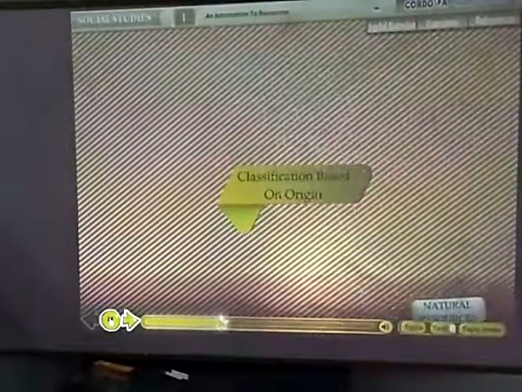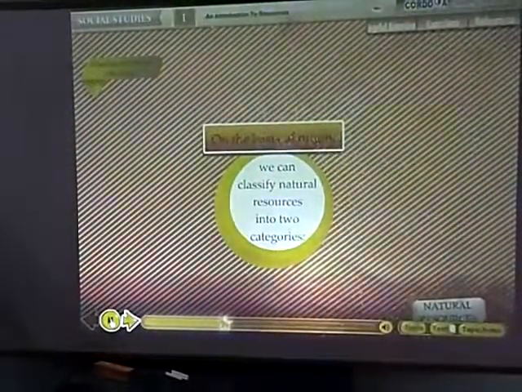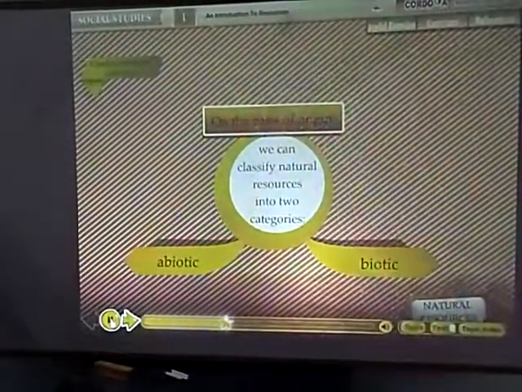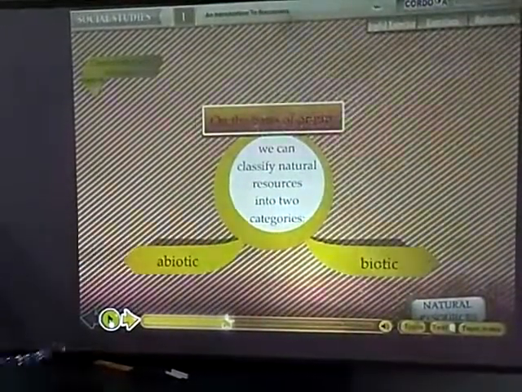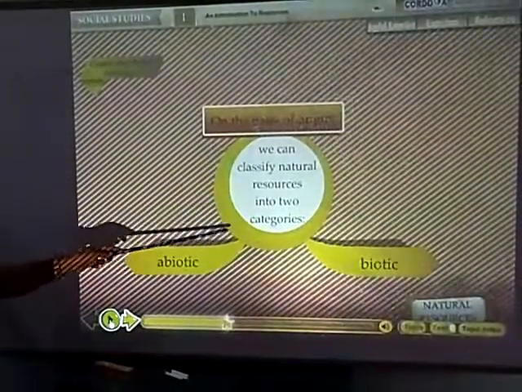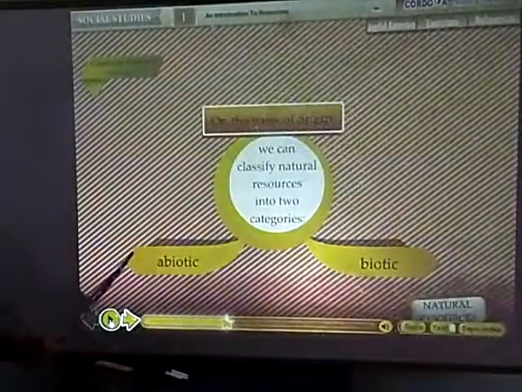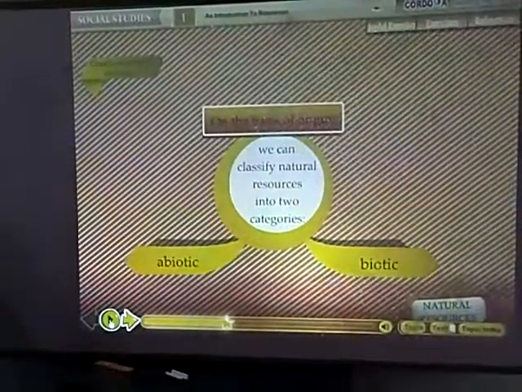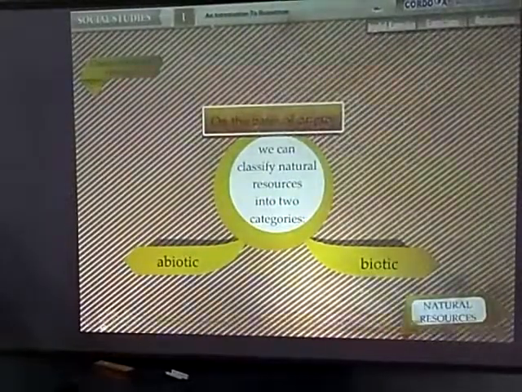Classification based on origin. On the basis of origin, we can classify natural resources into two categories: abiotic resources and biotic resources.